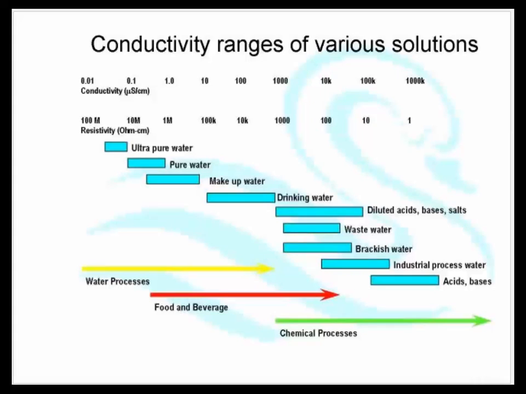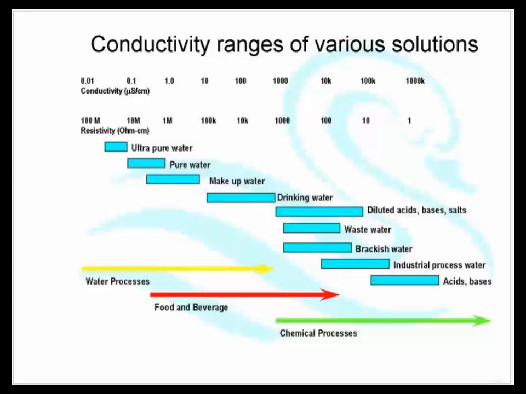The reason we measure conductivity is because, well, I'll ask you a question. How good a conductor is pure water? Pure distilled water. How good a conductor is it? Yep, that's right.